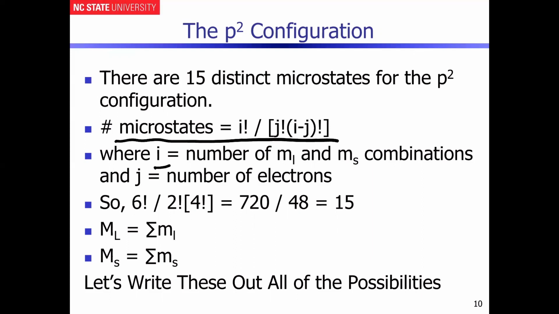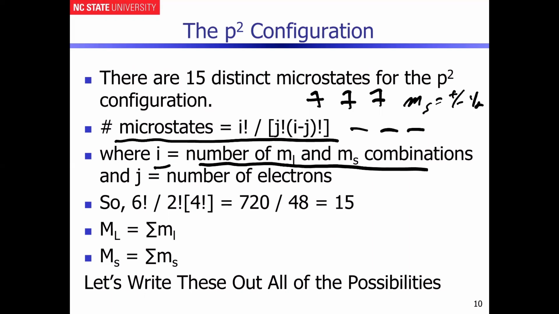Well, I is the number of the possible ML and MS combinations. So just thinking about this, MS can be plus or minus 1/2, and then we have 3 possible p orbitals to put them in. So you can put the spin up electron in the first orbital, the second orbital, or the third orbital, and you can put the spin down electron in the first, second, or third p orbital.